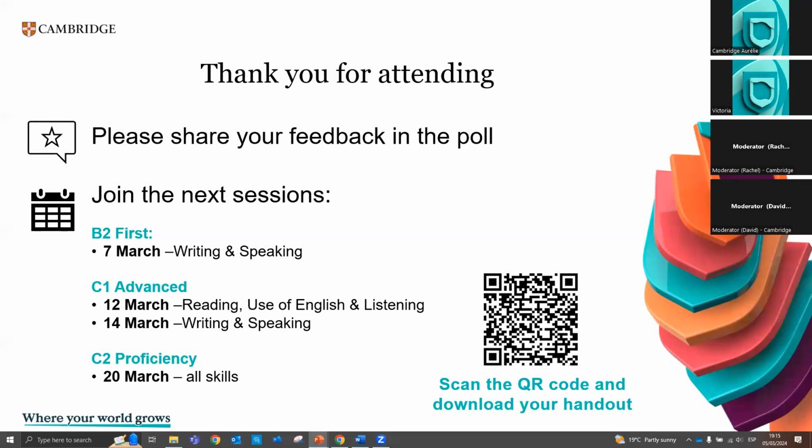And also you can check with your exam center, and they will be able to give you exact information about what is possible and what isn't possible. But the system has improved a lot, and there is a lot that you can do when engaging with the text in the reading paper.